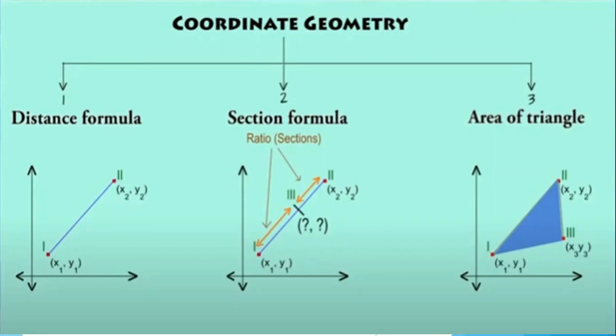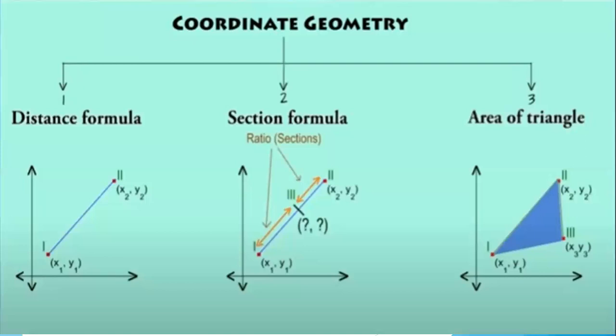There, we will use the distance formula. Second one is your section formula. Here also, 2 points are given with their coordinates, but we have to find a third point, which lies on the line segment, dividing it in a certain ratio. So there, the section formula is used.